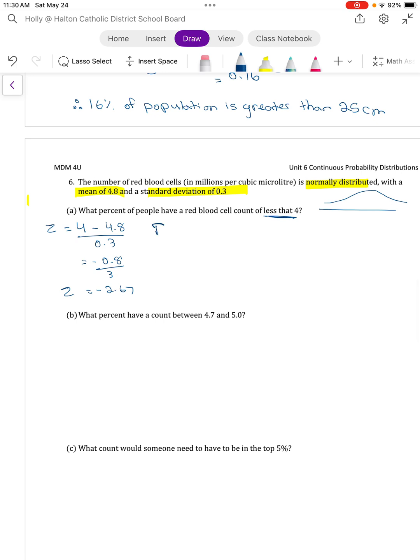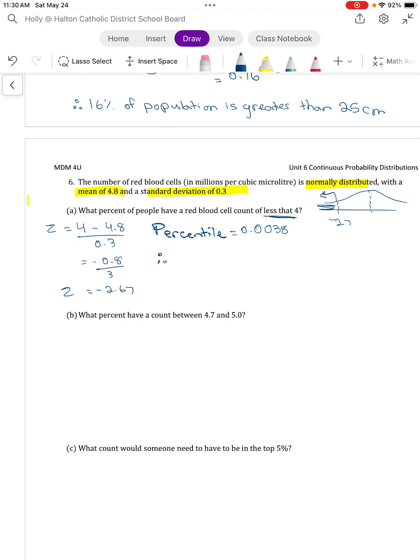So my percentile is equal to 0.0038. So that's below. Okay, so remember, this is negative 2.7. Basically, I'm looking at everything below.